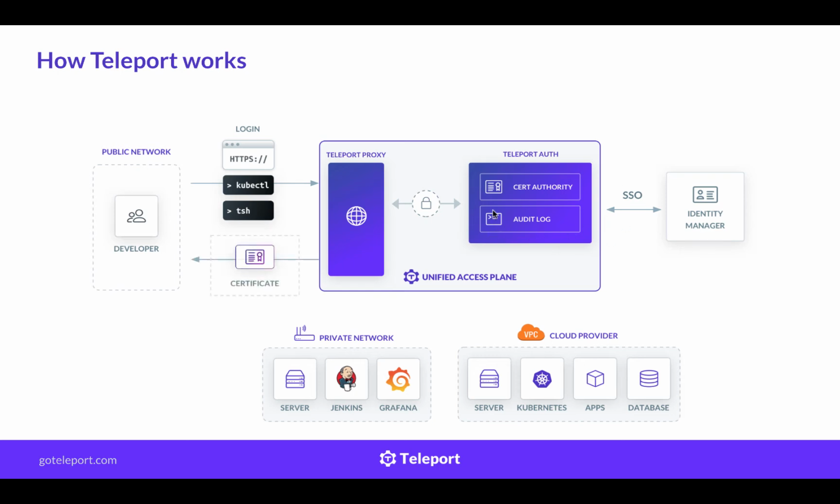And so a user, to authenticate against this Teleport cluster, they will use the normal SSO credentials that they're used to. And when they receive some role from Teleport, it's within the role that it specifies what they are authorized to access. And how that access gets authorized is based on labels.